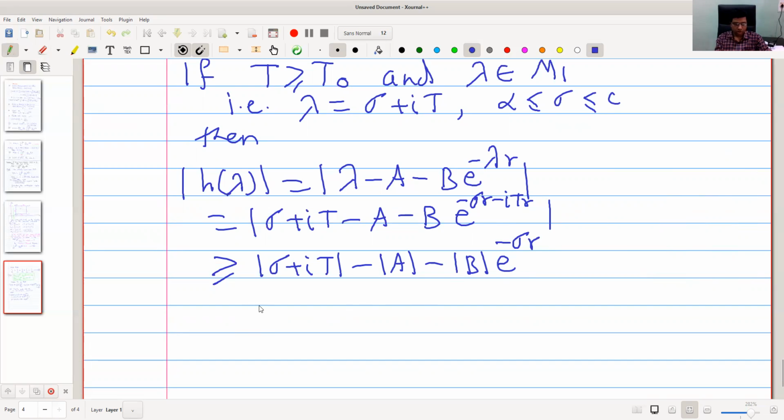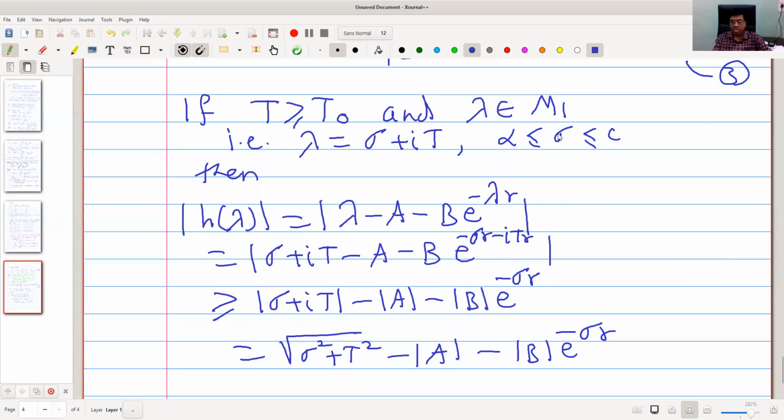Now mod of sigma plus it is nothing but square root sigma square plus t square, minus mod a minus mod b e raised to minus sigma r. Now what is the relation between sigma and alpha? Sigma is greater equal alpha.